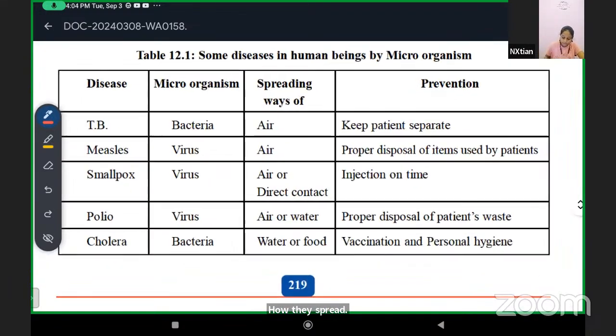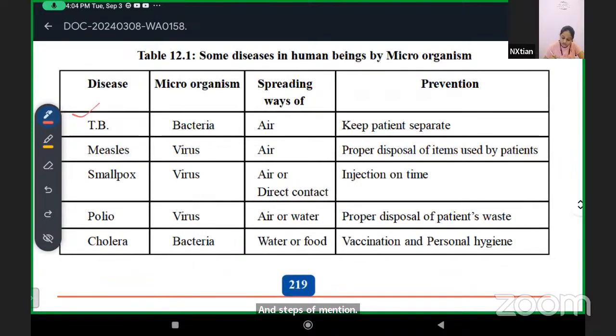We have TB, which is caused by a microorganism, bacteria, and it spreads through air. What is TB, ma'am? I think it's tuberculosis. I've never heard it used in this short form before, I always read it as tuberculosis only.